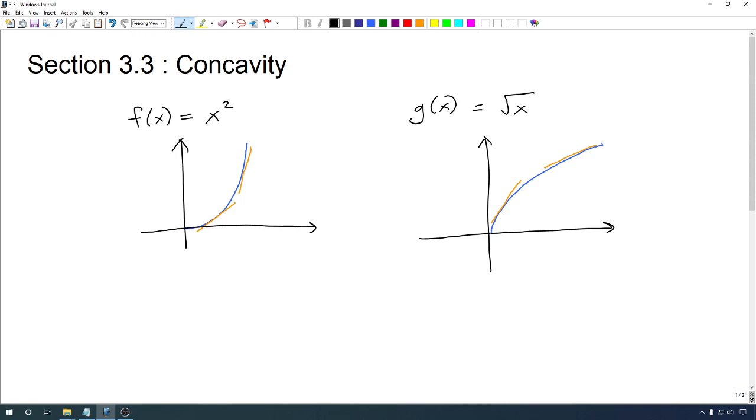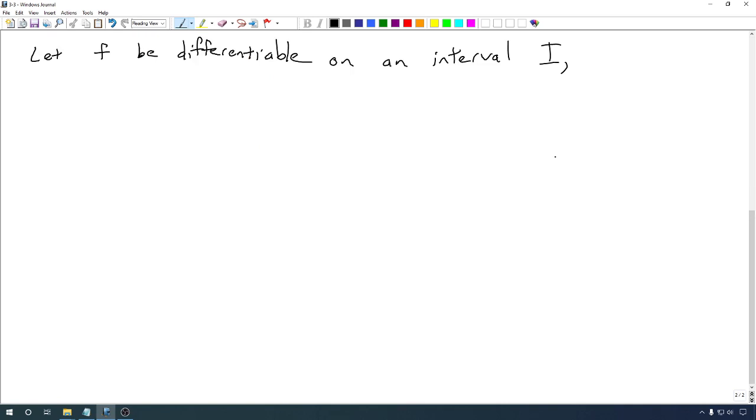Technically, we can actually get a concept here without using derivatives, but there's not really too much point for us right now. So we have a function that's differentiable on some interval I.